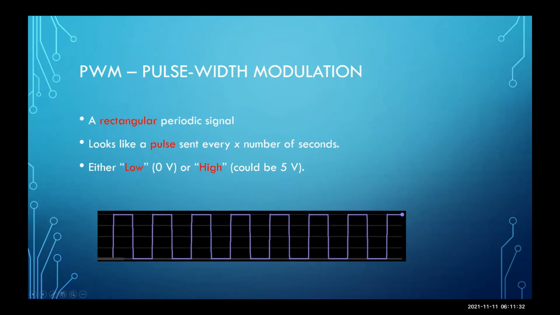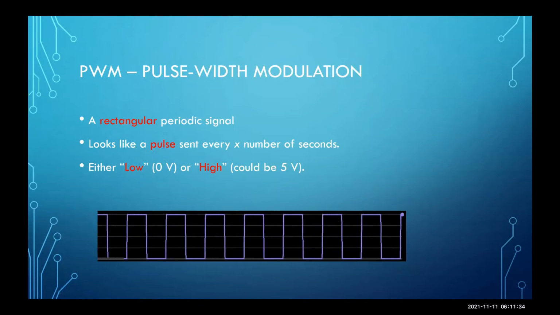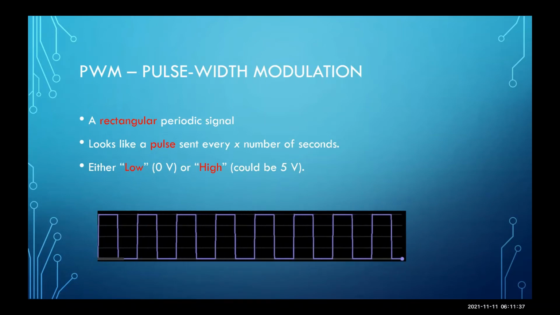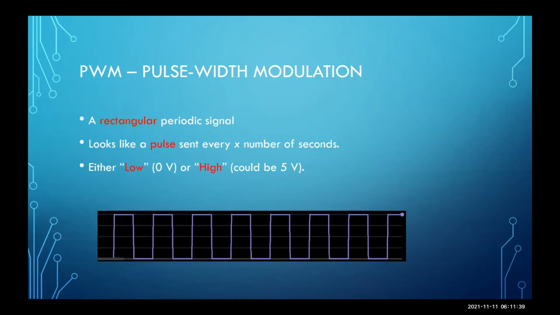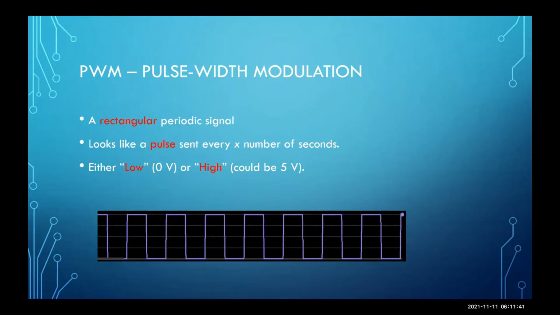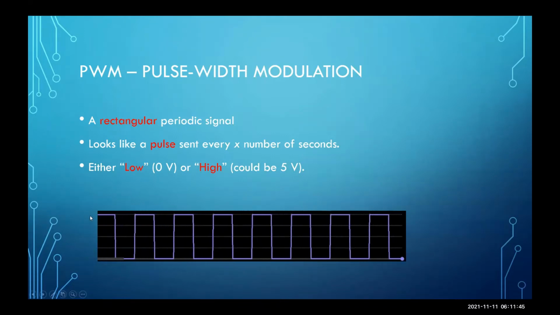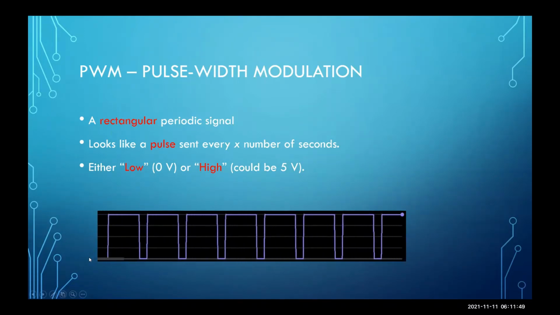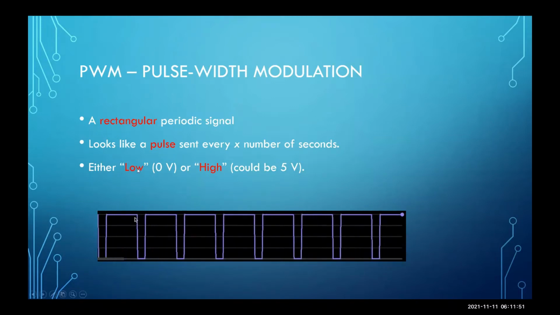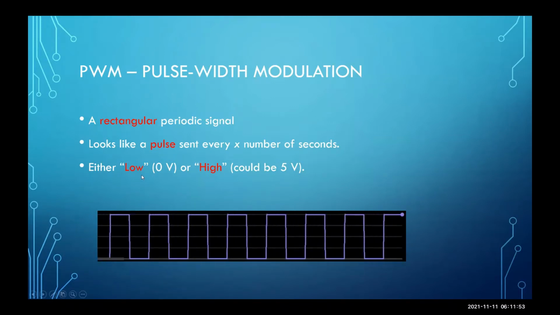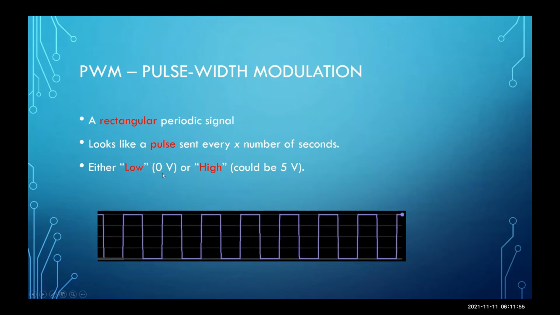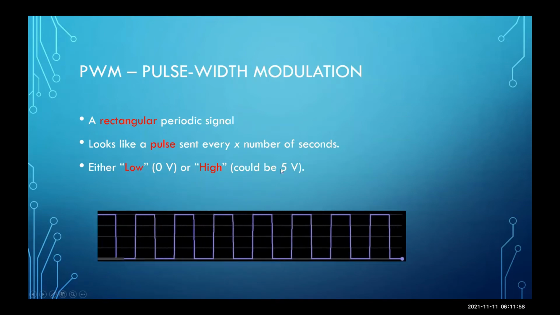So what is actually happening here is the pulses are being given to an electronic component. Let's say 50 percent of the time it's on, and 50 percent of the time it's off. Off means 0 voltage, and high is 5 voltage.